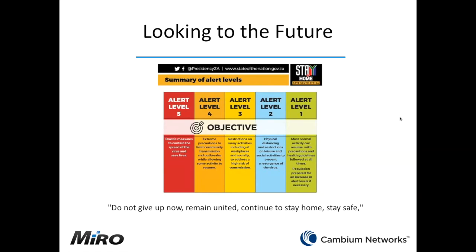Another quote from Ramaphosa there is: do not give up now, remain united, and continue to stay home and stay safe. The reason why I included that is to put emphasis on the fact that he's encouraging us to stay home. So we need to find out, if we're going to stay home, how do we work, and how do we empower the workforce to do so?